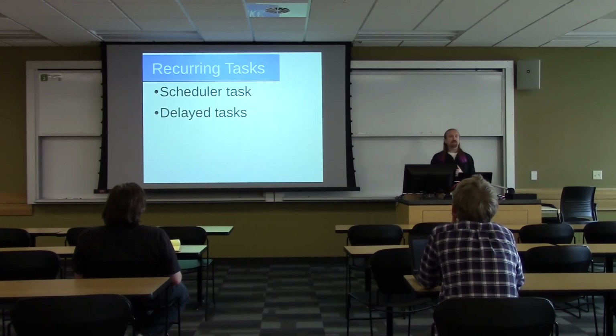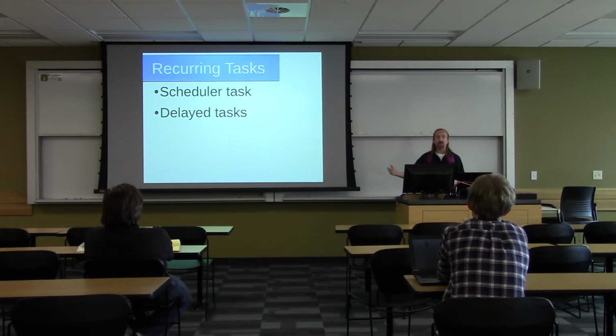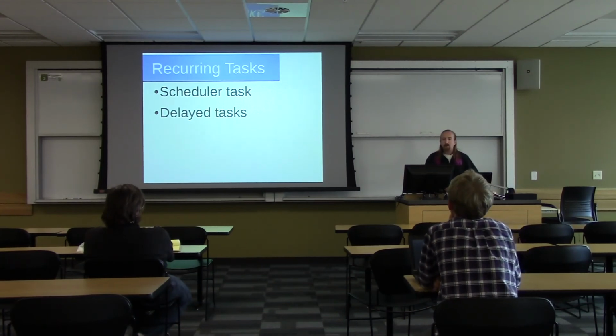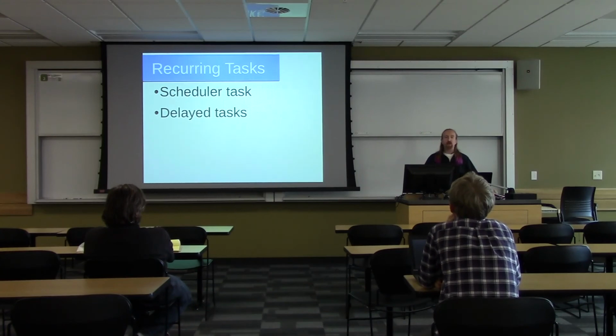With the delayed tasks, the queuing engines themselves, and I'm using Illuminate Queue in this particular example because it's what's on my brain at the moment, have the capability of telling the queue system, hey, put this on the queue at this time. So the task isn't actually on your queue until that time. And then when that time hits, it'll drop that task onto the queue, and off it goes.